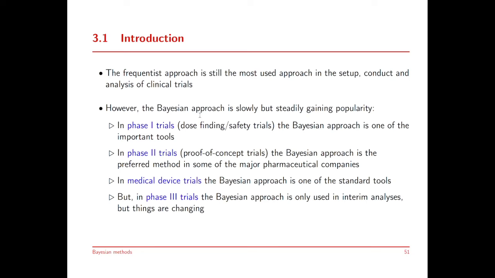In phase 2 trials, proof of concept trials, the Bayesian approach is the preferred method in some of the major pharmaceutical companies, and in medical device trials, the Bayesian approach is one of the standard tools. But in phase 3 trials, the Bayesian approach is only used in interim analysis, but maybe things are different in the near future.